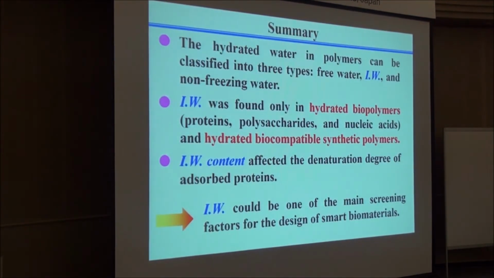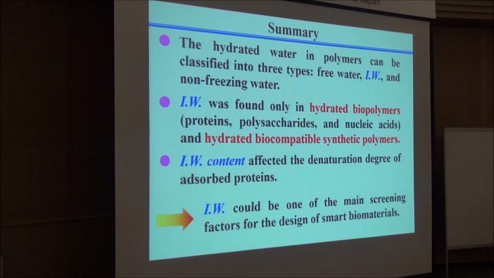Summary. The hydrated water in polymers can be classified into three types: intermediate water, free water, and non-freezing water. Intermediate water was found on hydrated biopolymers. Biopolymer is very broad, including proteins, polysaccharides, nucleic acids, ATP, glucose, and amino acids. It depends on the sequence. But the important thing is that intermediate water is always the predominant amount.